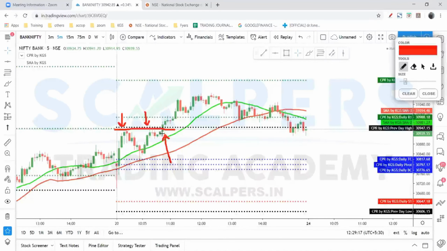Immediately at the closing of the green candle, you enter and place your target at 50%. Or even if you are happy with your profits, you can exit early also. No problem.